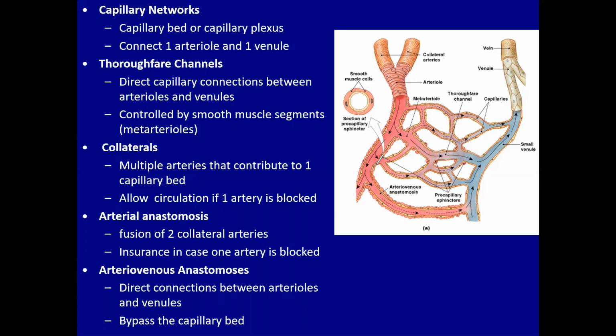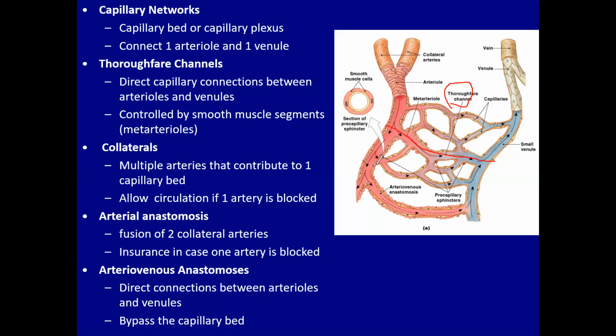a venule. And you can see that in this picture where there is an arterial vessel on the left side and a venous vessel on the right side. So looking at this image, you can see some different structures through here. One of them is a thoroughfare channel.